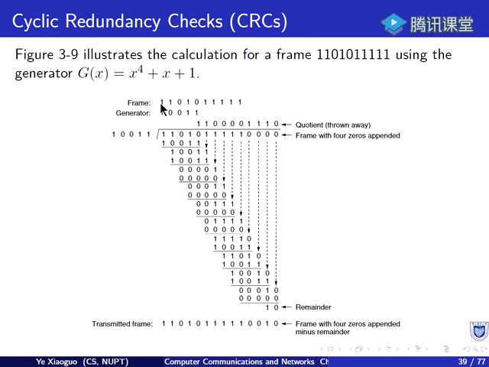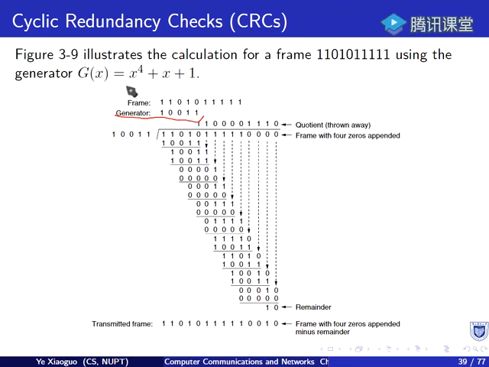Then we get the original frame, this one. The generator polynomial is 10011. Why is the generator 10011?